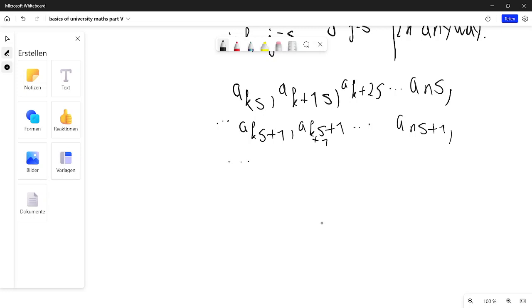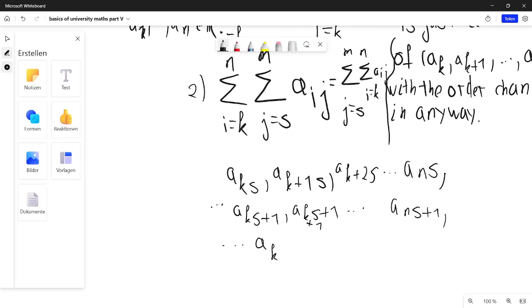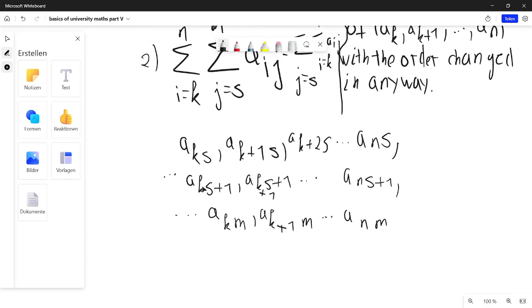And then finally we get to a_k m, up to a_n m, right.